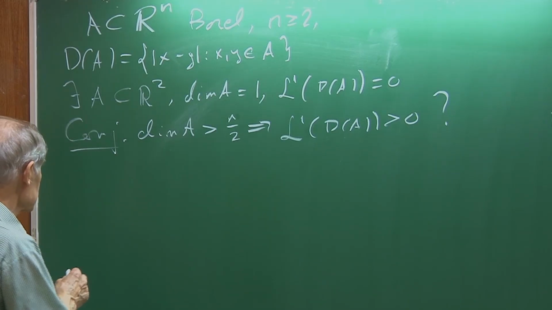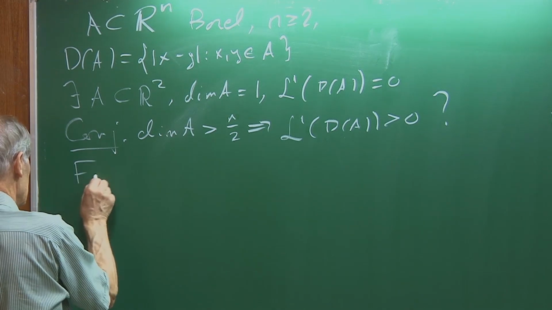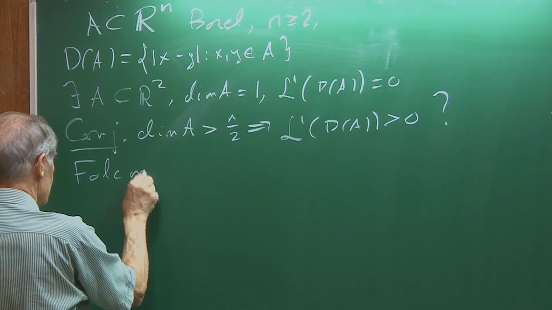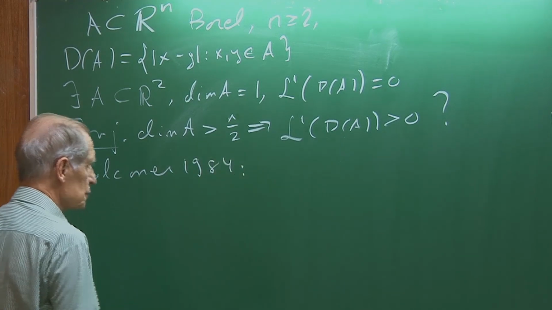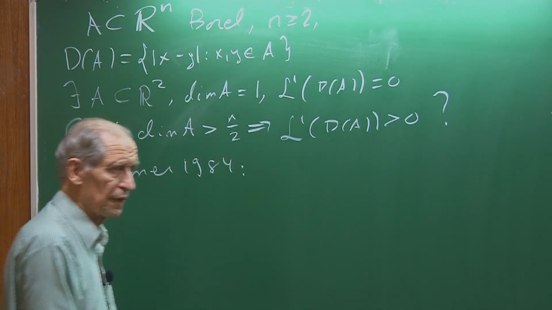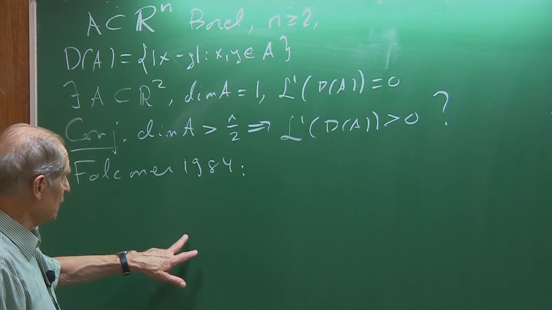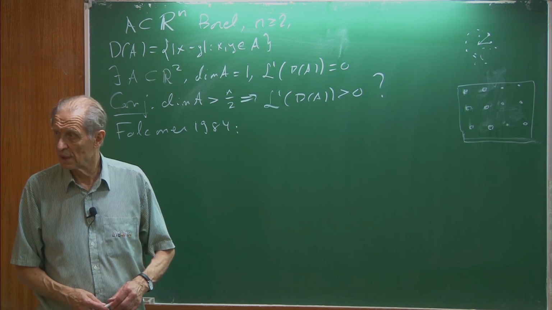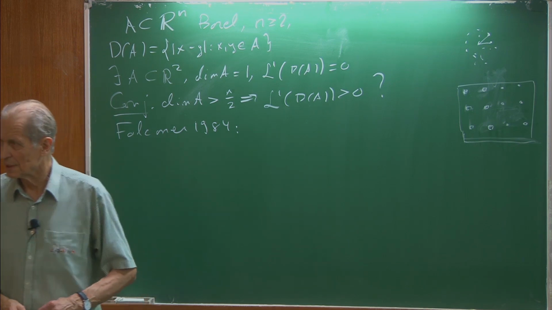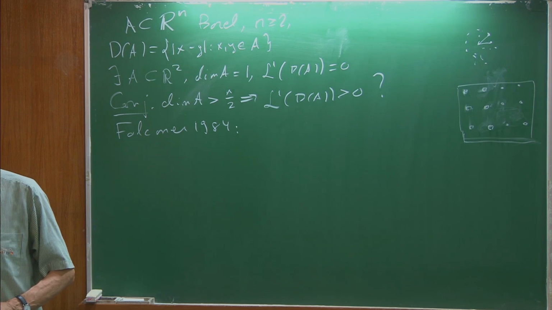And the first result was proved by Falconer in 1984, I think. Excuse me? Is the conjecture open when n is 2? It's open. No, it's open.